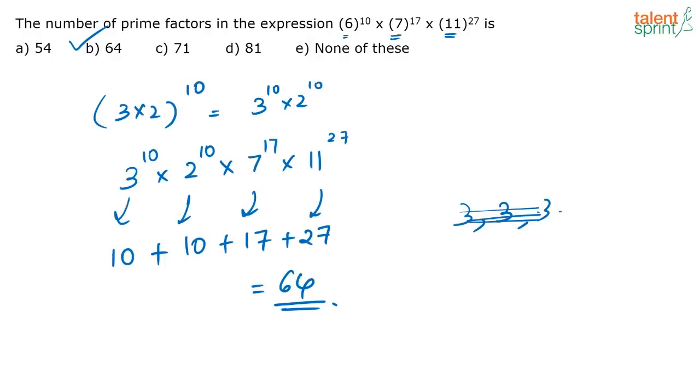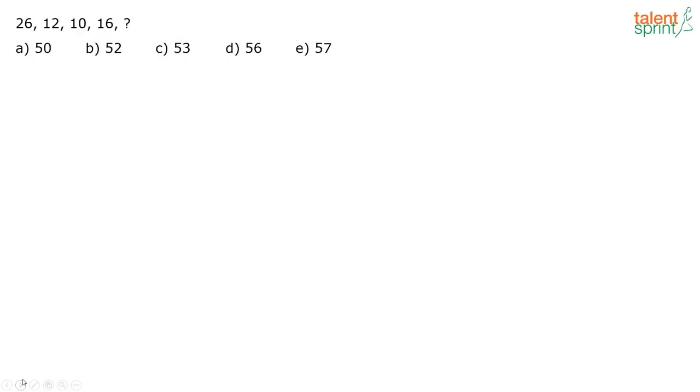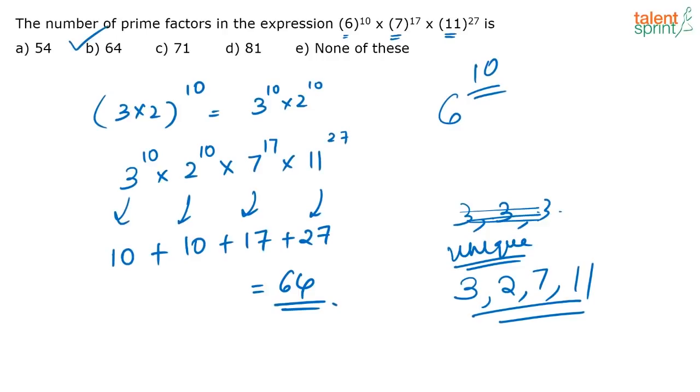So 3 is one prime factor, 2 is one prime factor, 7 is one prime factor, 11 is one prime factor. If the word unique is mentioned in the question, there are only 4 unique prime factors for this given expression. But if they are just asking you for the number of prime factors, add all of them up. Next question.